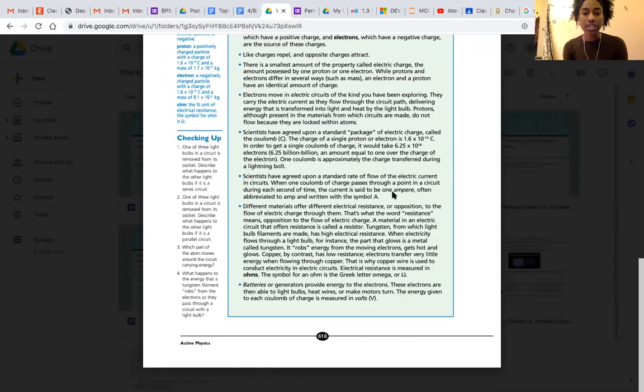The other thing you need to know is electric current is an ampere, okay? The movement of how fast the electrons are moving in a circuit is called the current. And current is measured in amperes, okay? So that is how fast 1 coulomb of charge, remember the coulombs of charge are carrying the energy to the light bulbs, right?